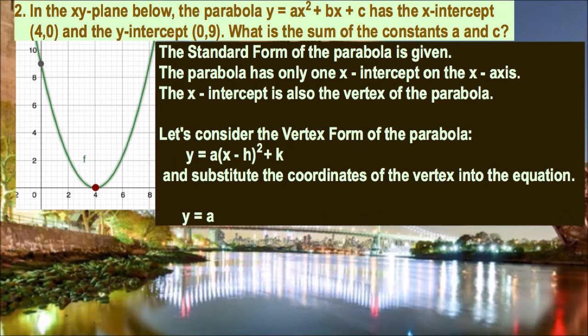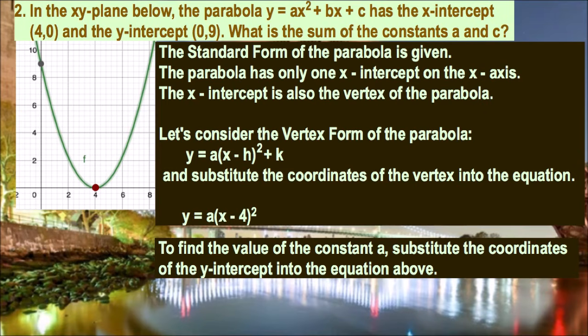So y equals a times (x - 4), everything squared, because 4 is our h, it's the x coordinate of the vertex, plus 0, its point of coordinates (4, 0), 0 is our y coordinate, thus it is k. To find the value of the constant a, we will substitute the coordinates of the y-intercept into the equation above, because it's another point that we can use to solve for a.